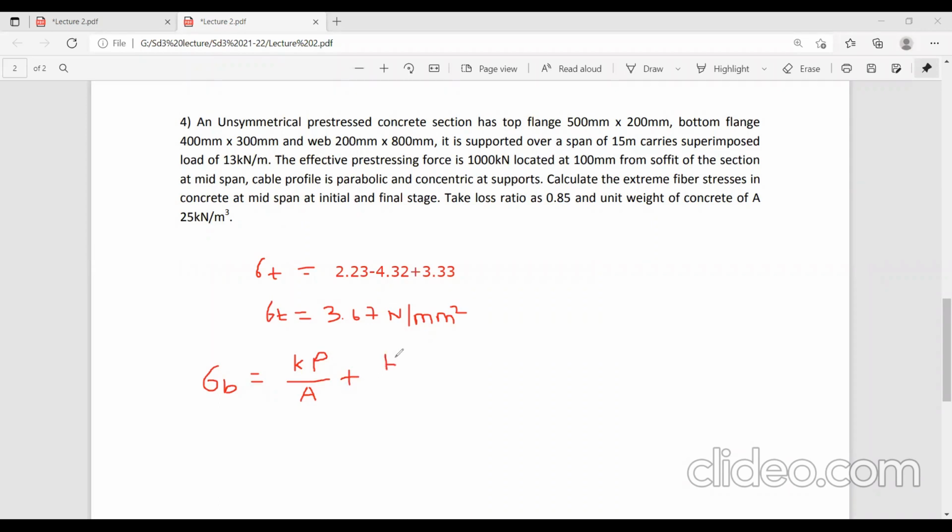Plus k P e divided by Z B, then minus M T, the total moment due to total loading, divided by Z B. So now you can write it.